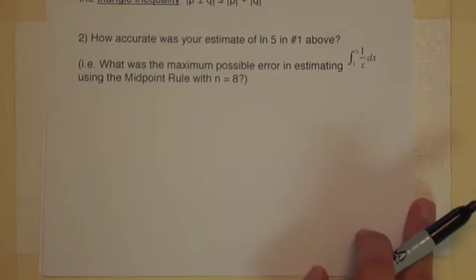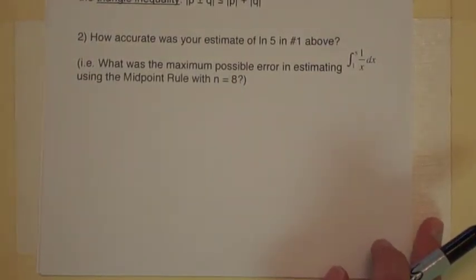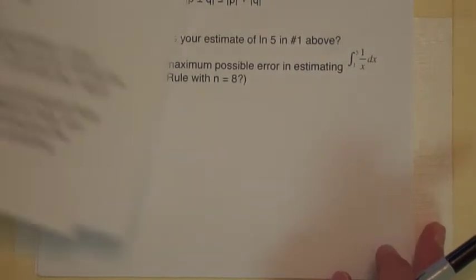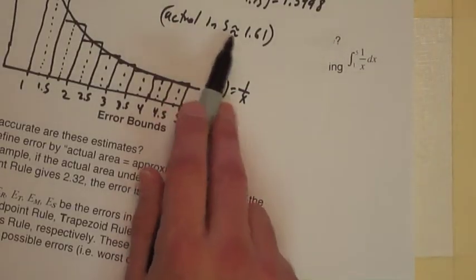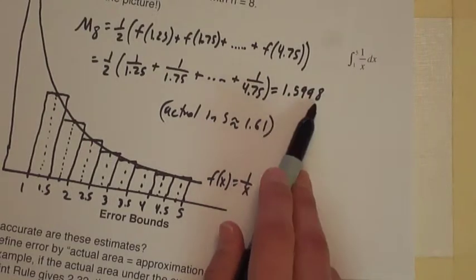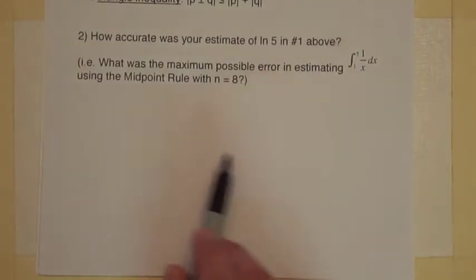How accurate was your estimate in number 1, the estimate we did of the natural log of 5? So we actually know that we're off by only 100th, but suppose we didn't have a calculator, you just computed 1.5998 and you want to know how accurate you are. Let's use one of these formulas.